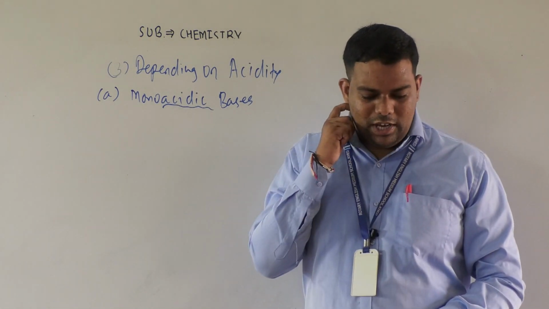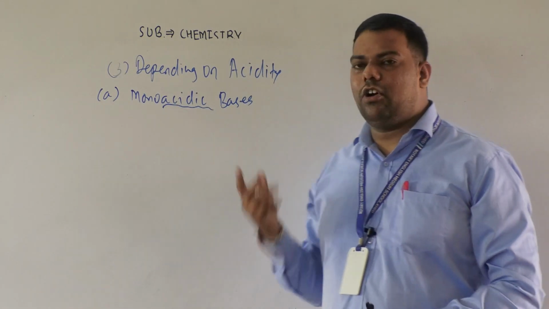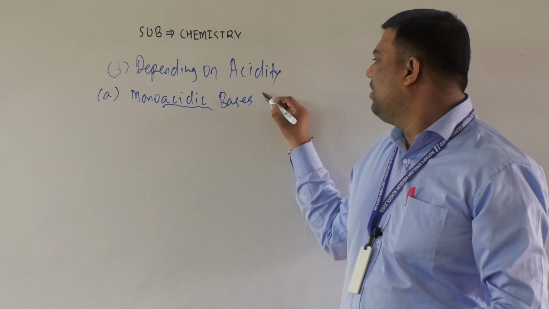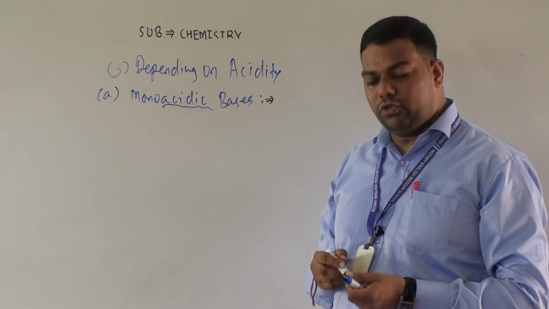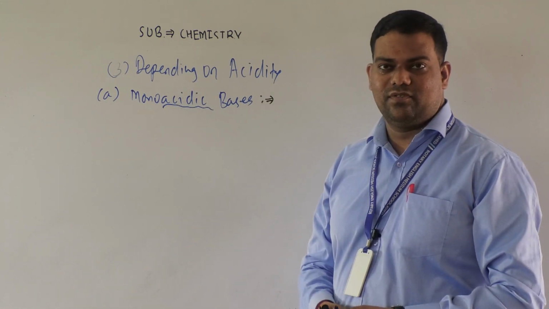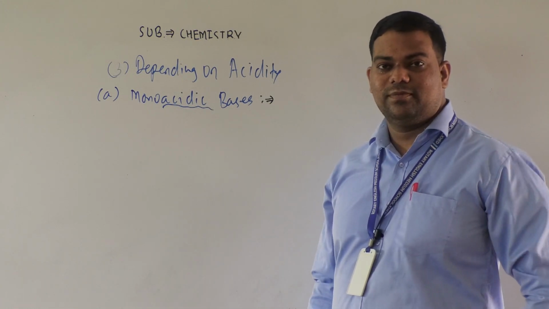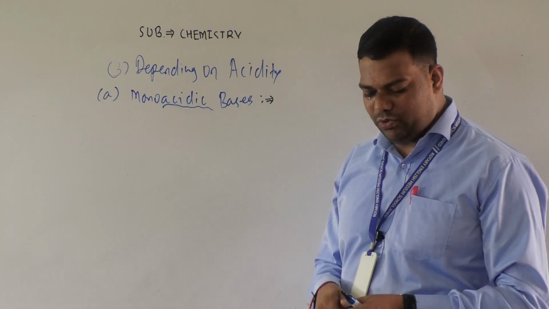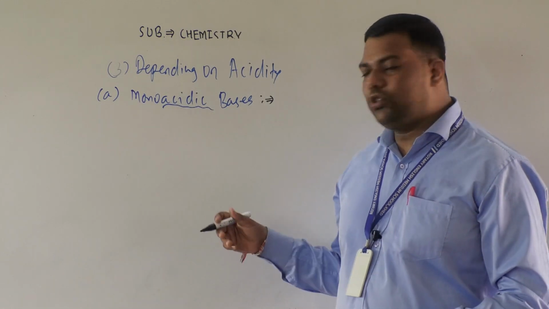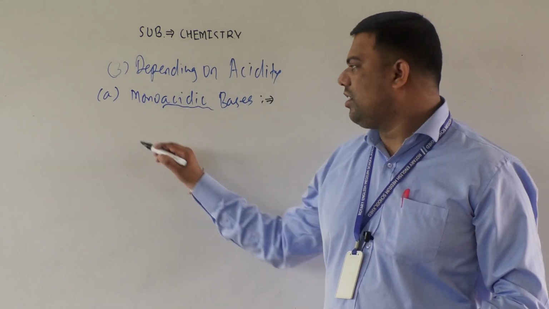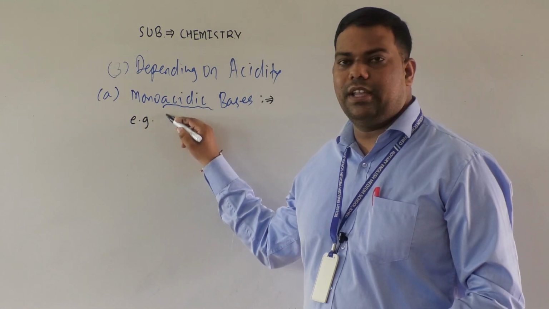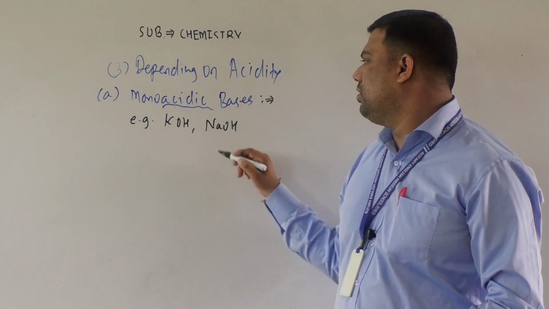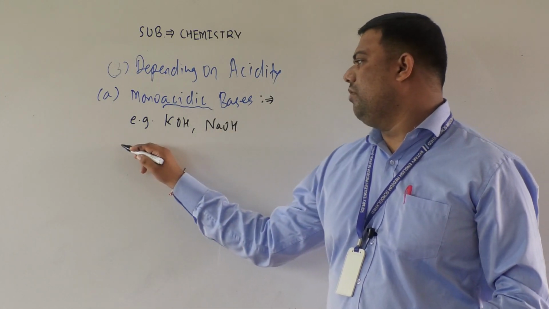So in monoacidic bases, these bases produce only one hydroxide ion per molecule, meaning on dissociation with water. Examples: KOH, NaOH, only one OH minus they are giving.